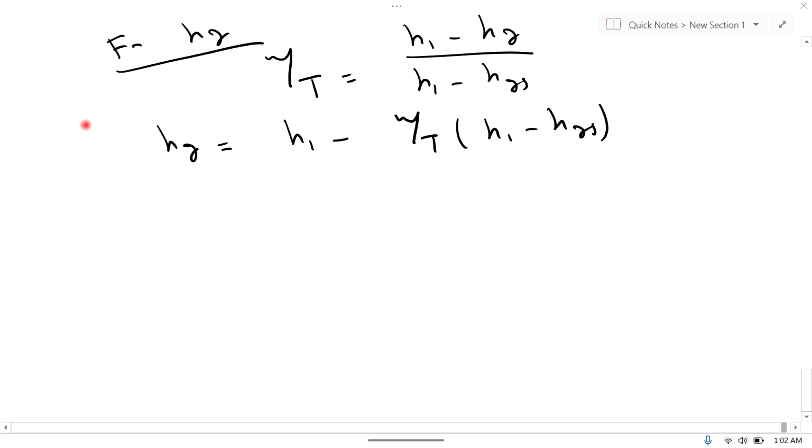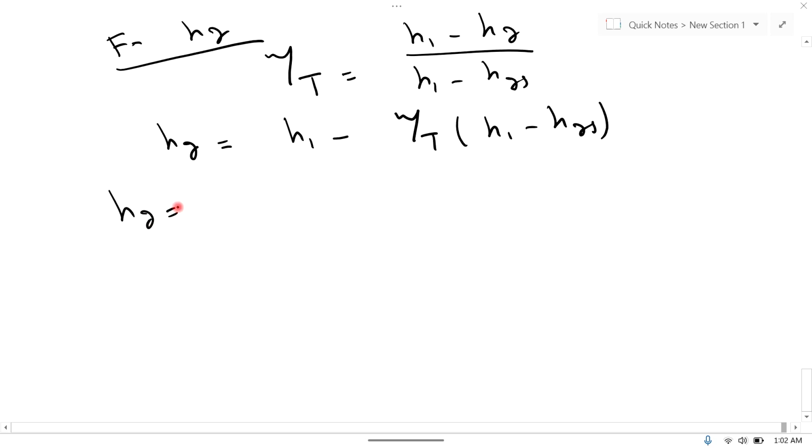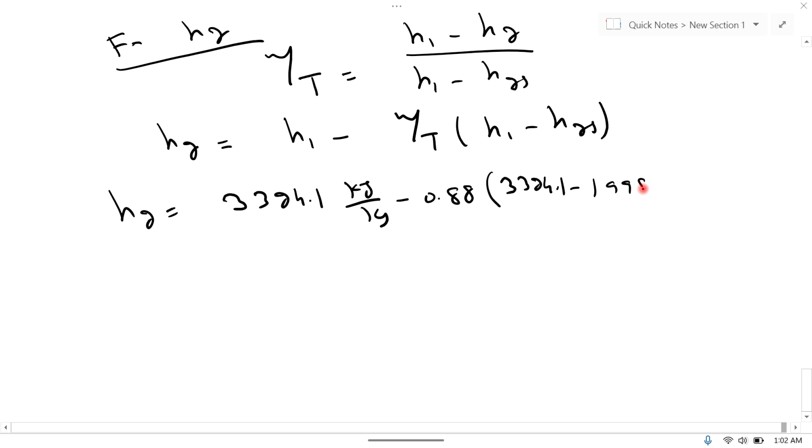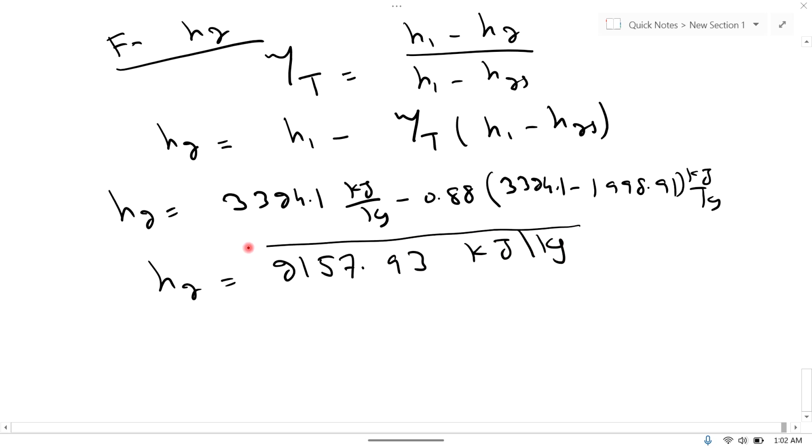Putting values, H1 is 3324.1 kilojoule per kg. Turbine efficiency is given to us as 88% or 0.88. So 3324.1 minus 1998.91 kilojoule per kilogram. Simplify this and find H2, which is equal to 2157.93 kilojoule per kilogram. This is H2.